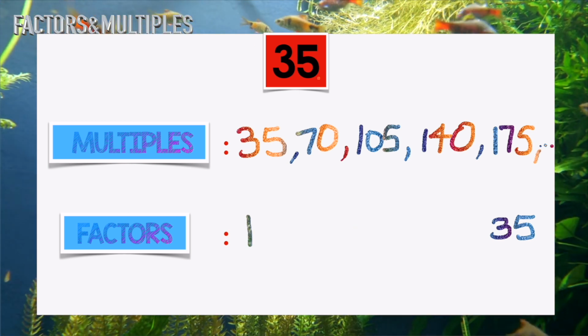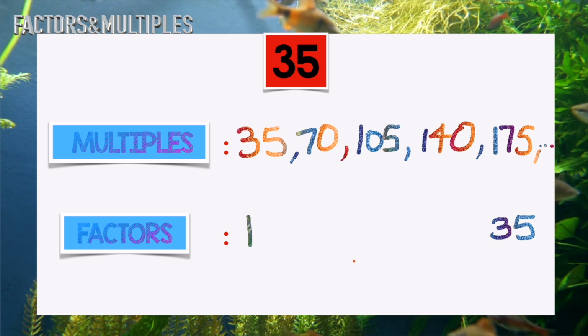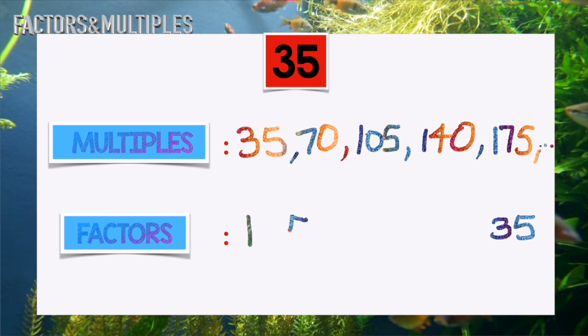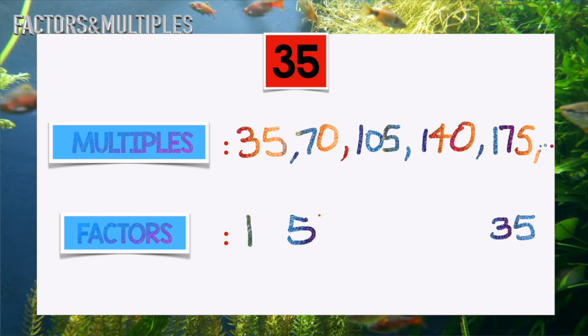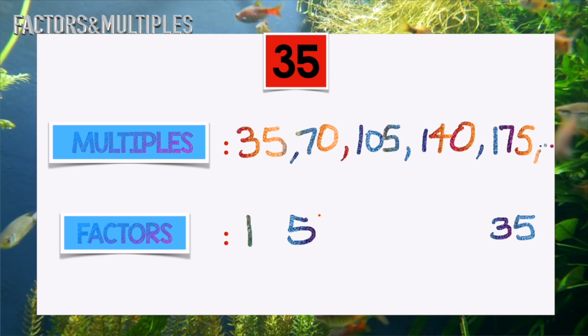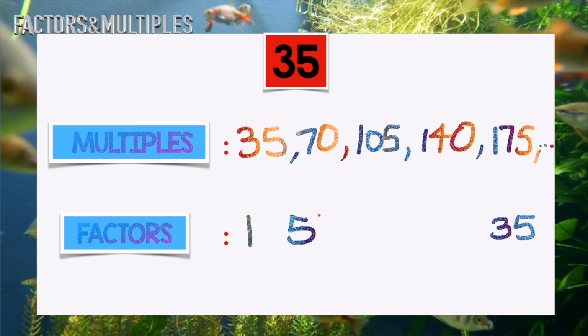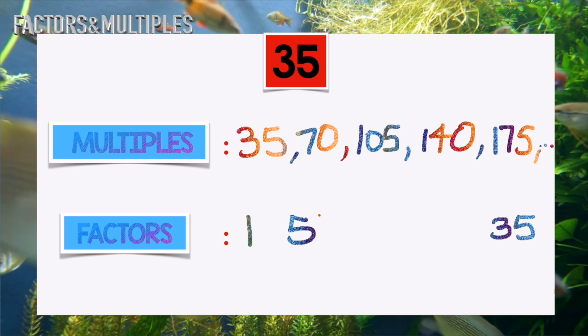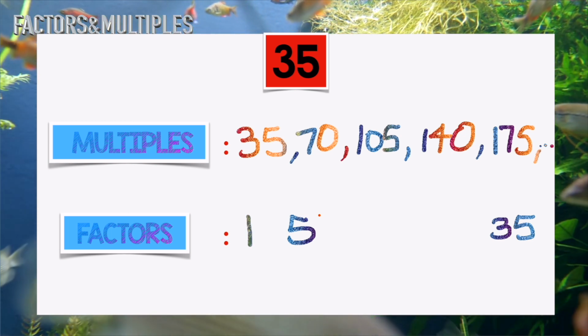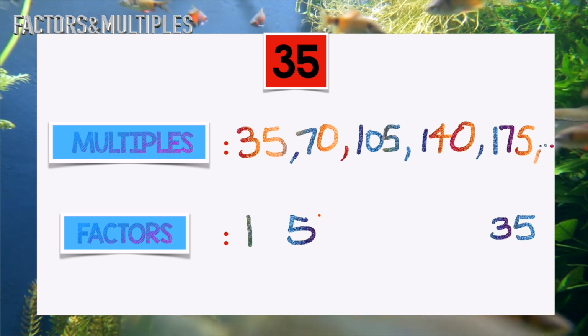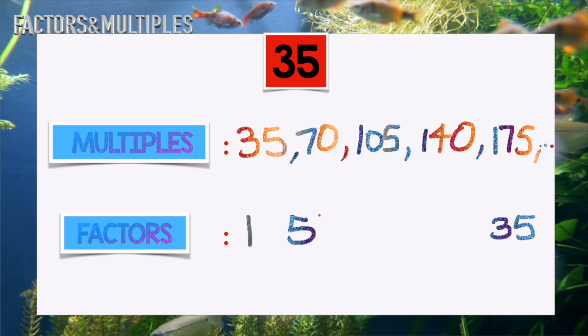Well, if a number ends in 5 or 0, it does have 5 as a factor. So 5 will be one. Now 5 has a pair because 5 times something gives me 35. What is that something? So you do the 5 times table until you get to 35. That will give you its partner. 5, 10, 15, 20, 25, 30, 35. That's 7.